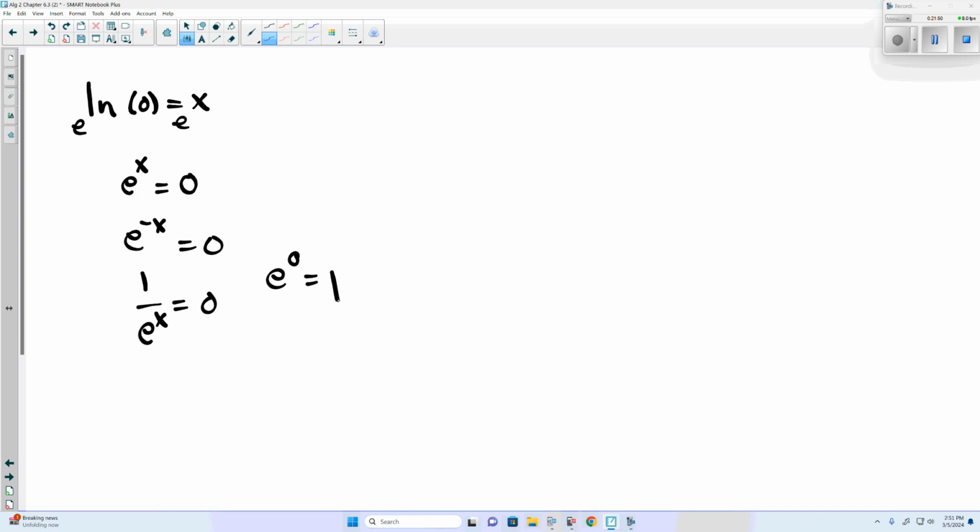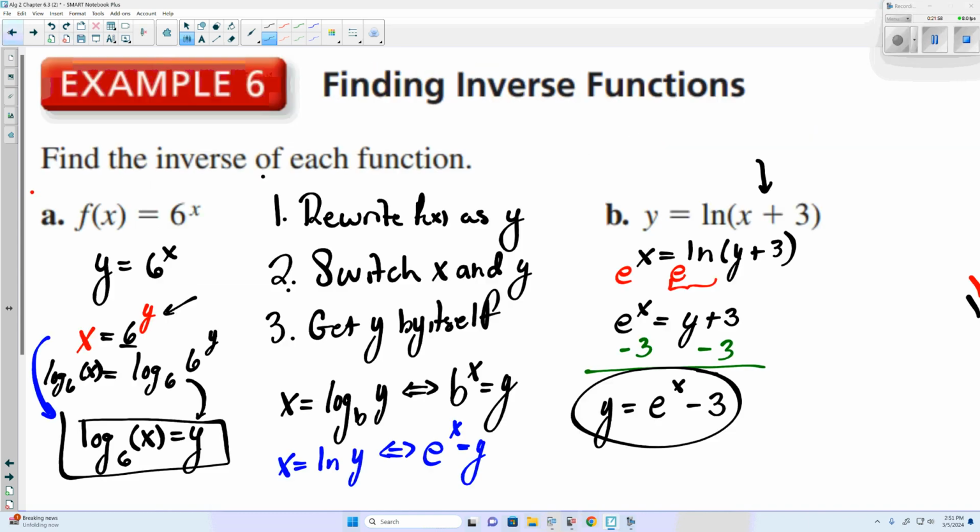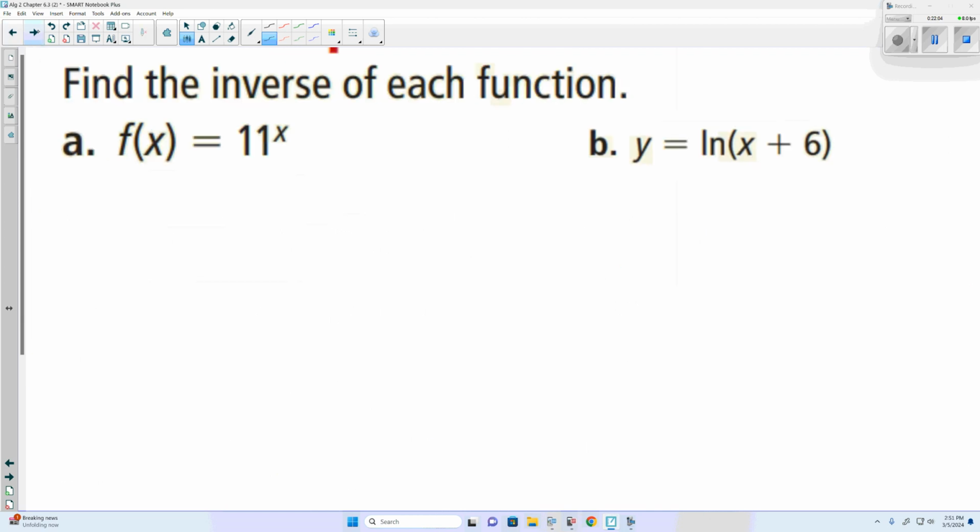And it doesn't matter if the base is e or not. Doesn't matter what the number is. So these still hold true. So what's inside a logarithm cannot be 0 or negative. But questions on this here? We ready for the next one?